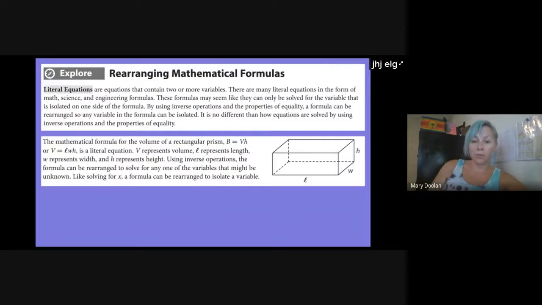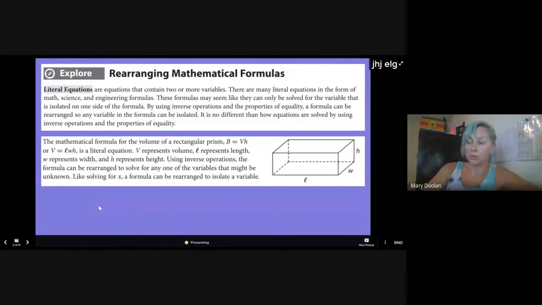It's important when you're working with literal equations and mathematical formulas that you are consistent in the case of the letter being used as a variable. The V here is uppercase, a capitalized V, and you want to keep it that way. The L, the W, and the H are all lowercase, and you want to keep them that way. So the case does matter with your variables.